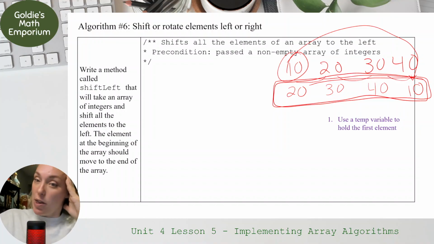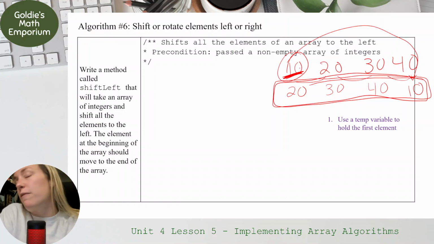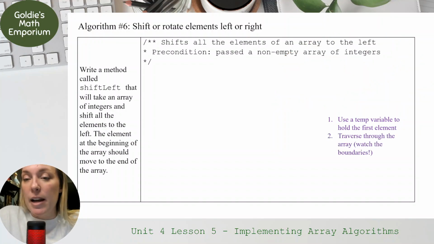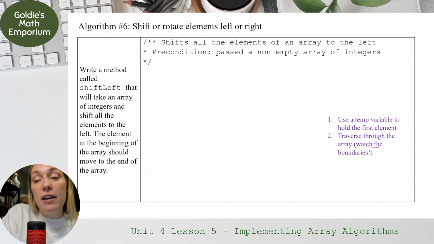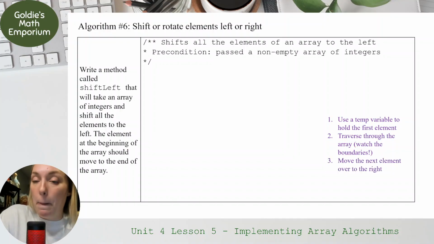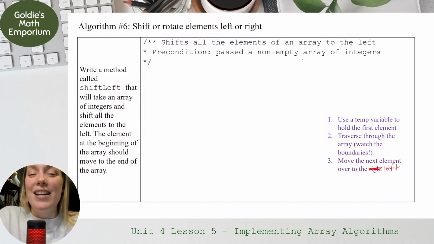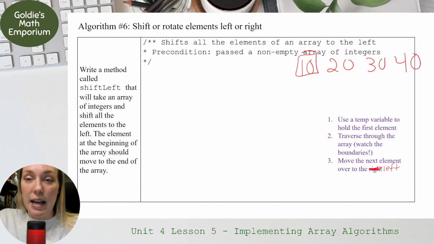Now the algorithm for this, we're going to use a temp variable to hold this first element. Then we're going to traverse through the array, and we have to be very careful now to watch the boundaries. We're going to move the next element over to the left. So with 10, 20, 30, 40, 10 is going to be locked away inside a temp variable.